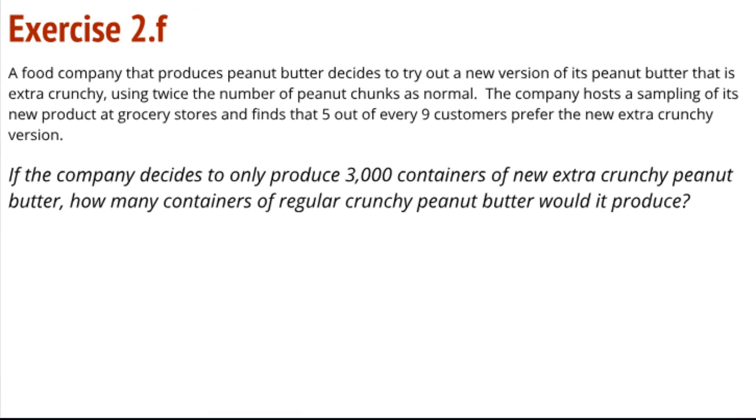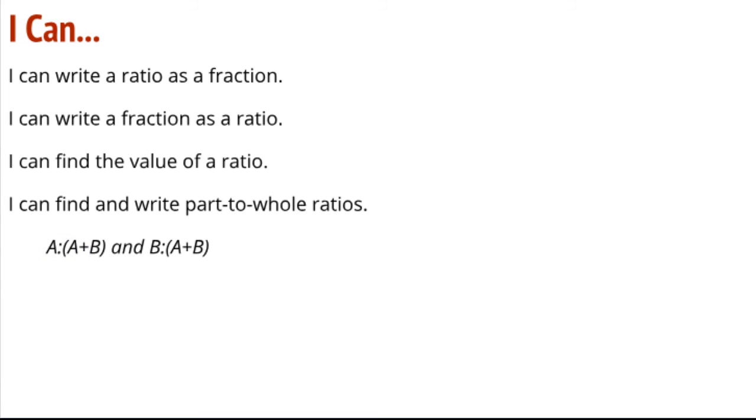All right, I know that this is kind of a mind-blowing lesson. You'll probably want to go back, look at different problems, and watch again the thought process. But there are a couple of things, in the I can statements, that we really need to pay attention to. We need to understand ratios written as fractions.